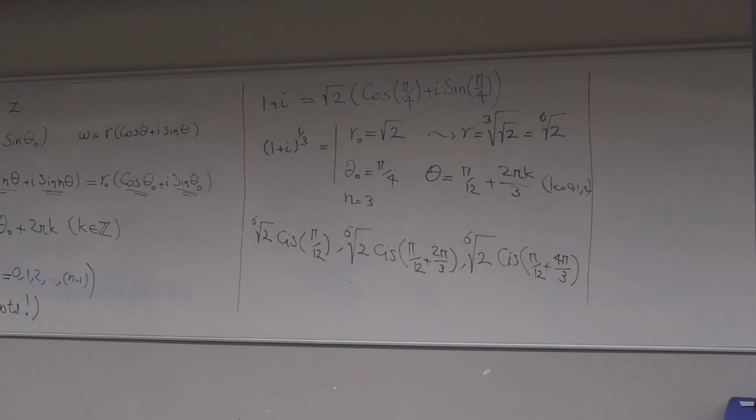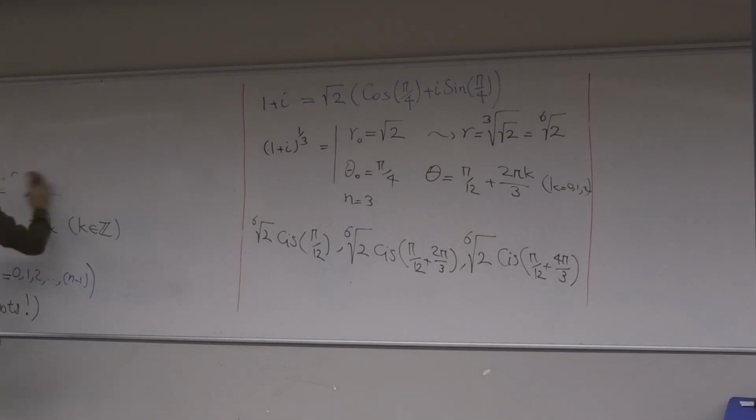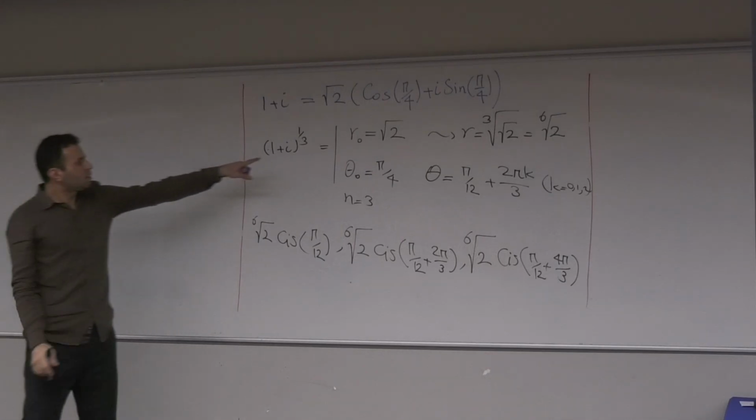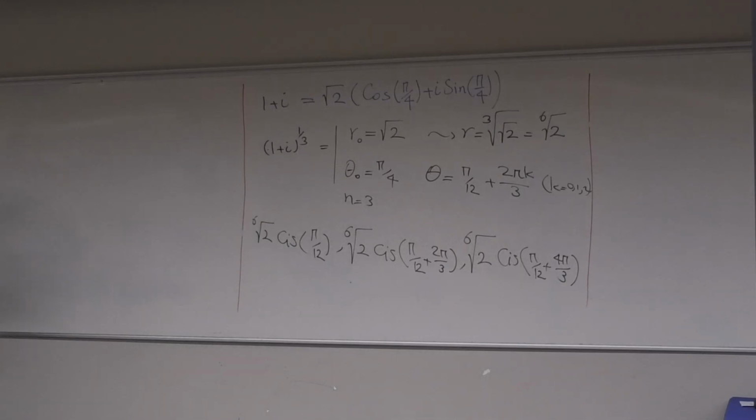Another question to ask. Let's come back to this point. Again, go back to understanding the things geometrically. When we are, for instance, calculating the third root of this one, what is happening?